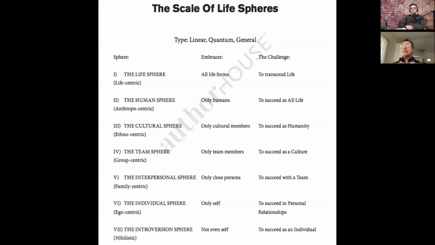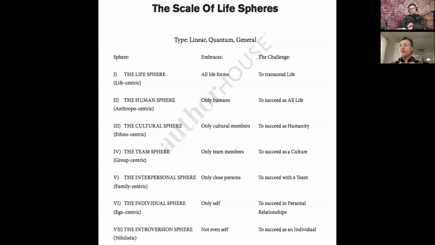So it's important to understand how this works in your mind. So when a person is at level 7, he's introverted. Why is he introverted? He's introverted because he does not even embrace himself. So this is a person you find in an insane asylum. He doesn't have a life. In other words, he's committed.